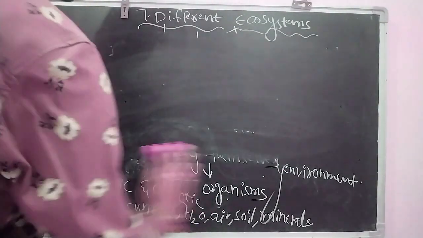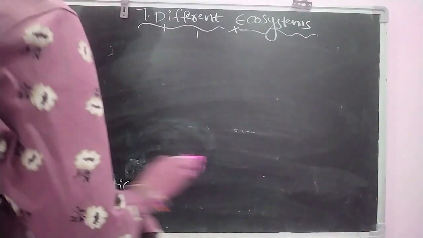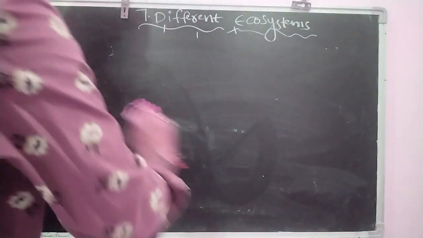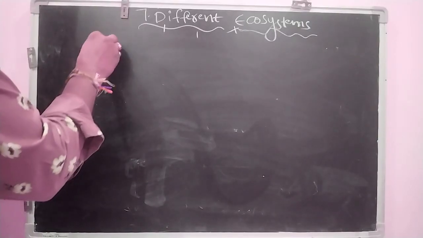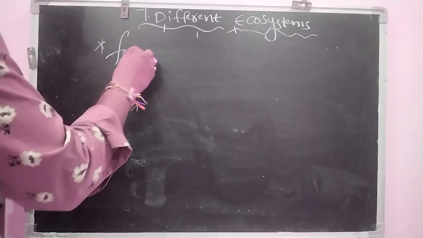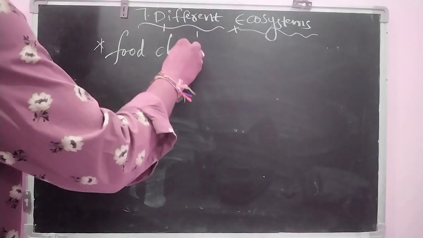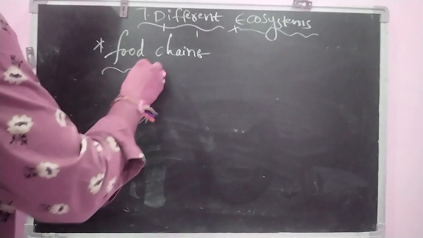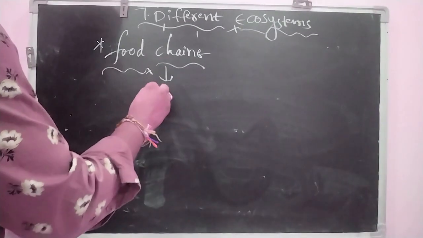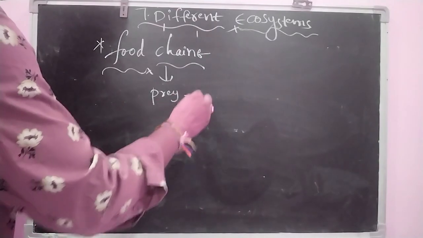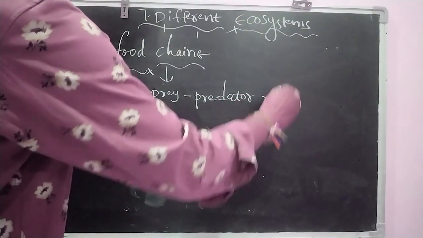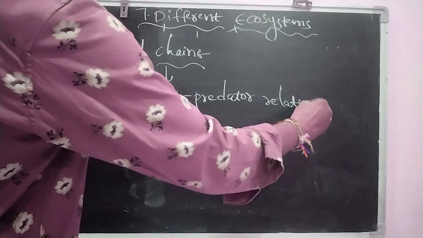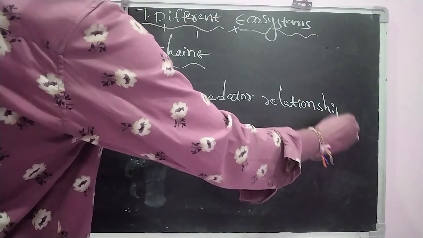what is food chain? Food chain, the chain that represents prey-predator relationship, is called food chain.